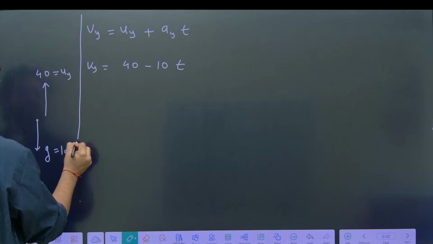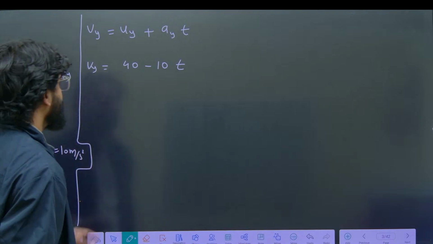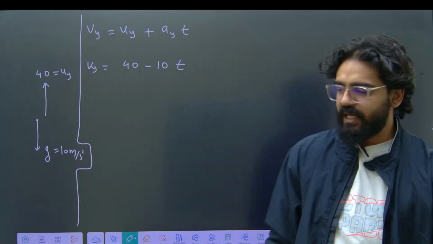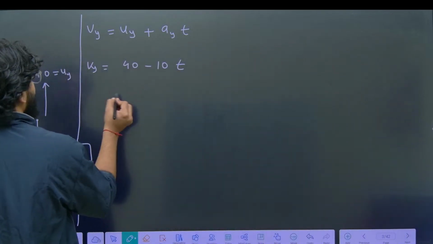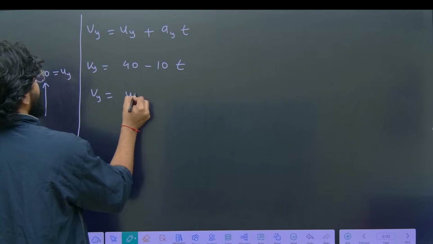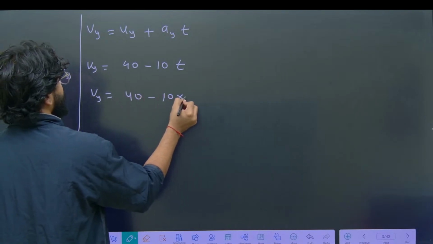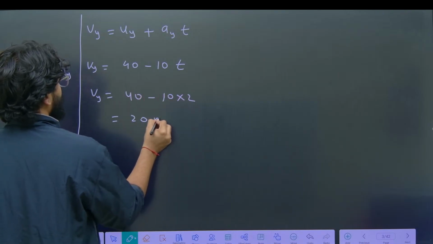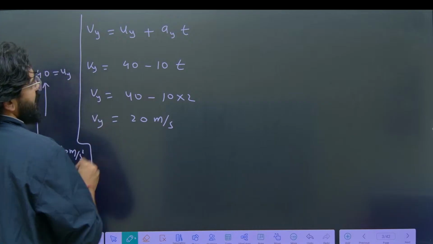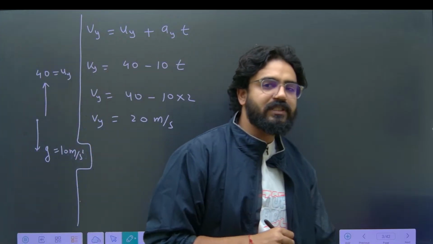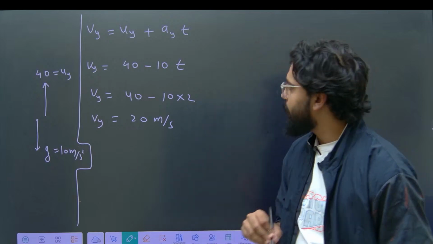So the vectors are opposite to each other. That's why we have used the minus sign. So Vy, we have to calculate in 2 seconds. So Vy comes out to be 20 meter per second. Ux is 40 upon root 3.